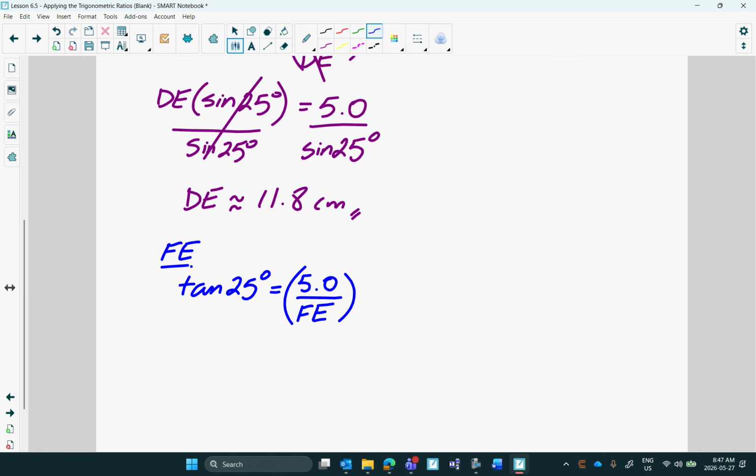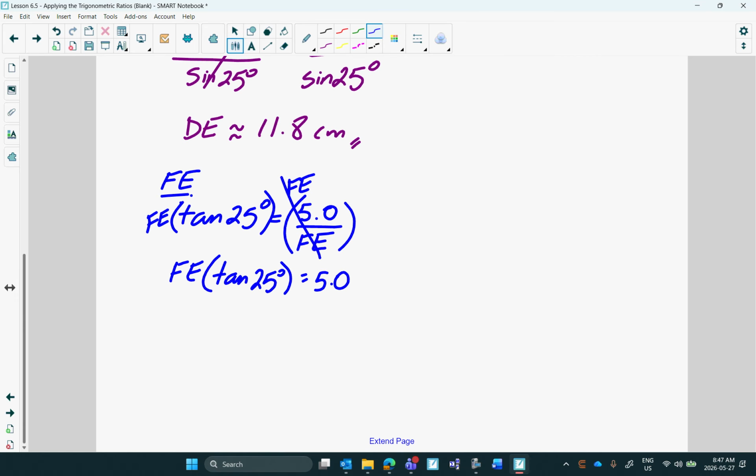I have to multiply both sides by FE to get rid of the fraction. So FE times tan 25 is going to equal 5.0. And then I have to divide by tan 25 to figure out what FE is.